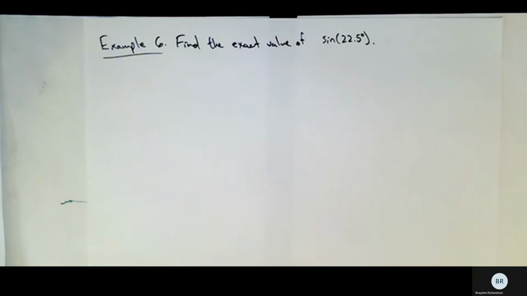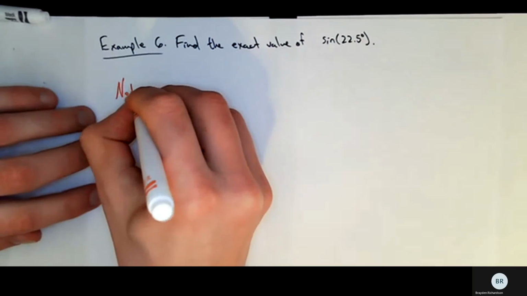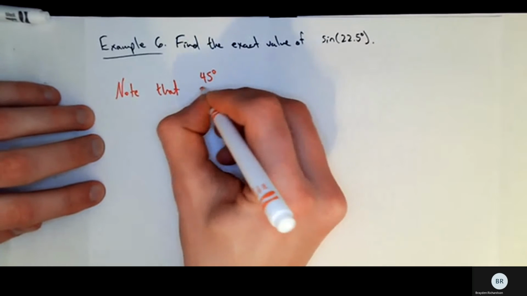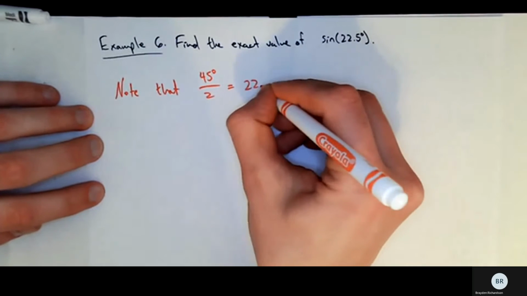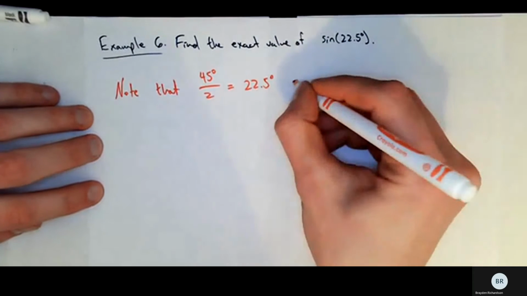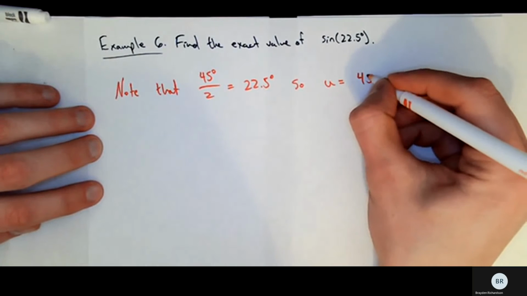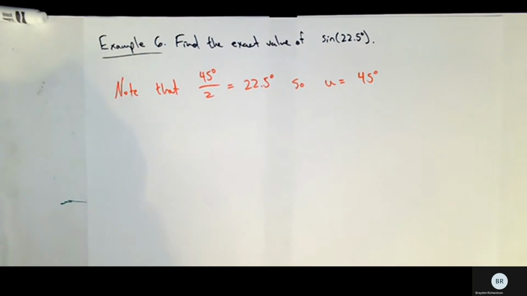So this is more like the questions from section 7.2, where I asked you for the exact value of some weird angle. First thing we should note, though, is that it's not that weird, because we know that 45 degrees divided by 2 is 22.5 degrees. So our u value in those formulas is going to be 45 degrees.